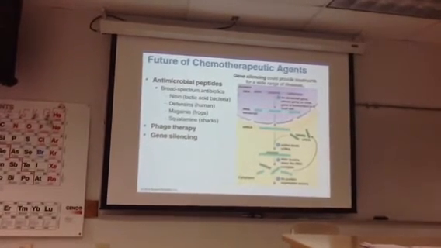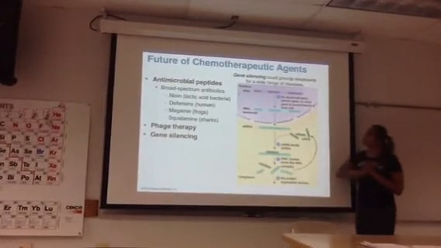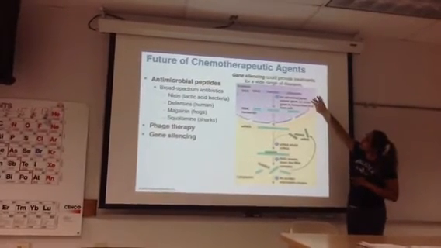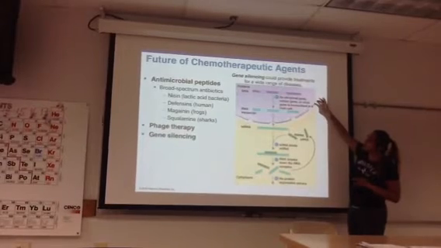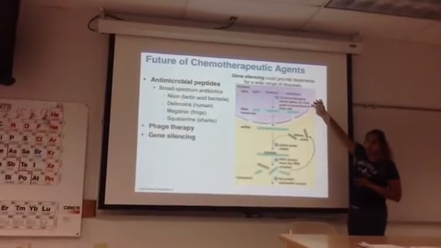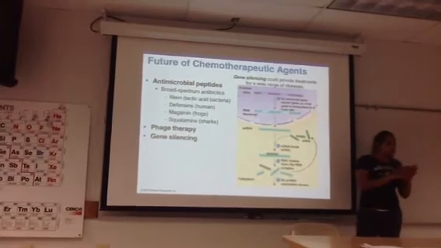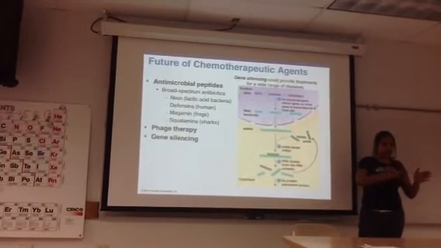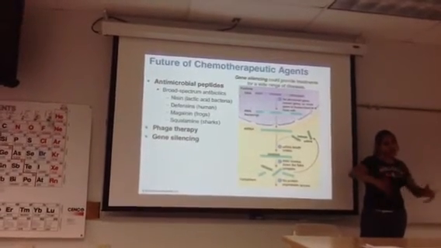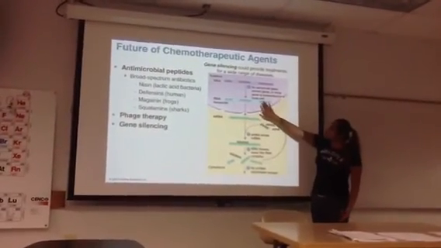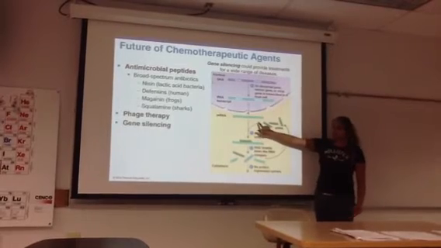Gene silencing. Here's your DNA. Your DNA has genes, okay? Make the mRNA. So you have your gene, your DNA. When you make mRNA, you're attempting to express that gene. Remove the introns, keep the exons, splice them together.